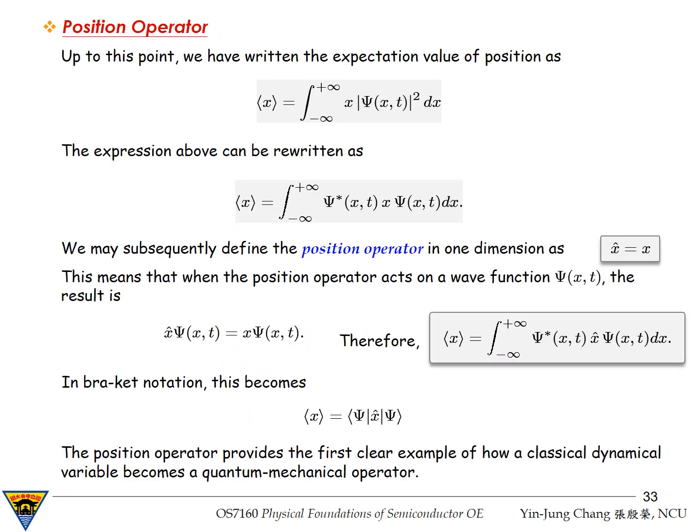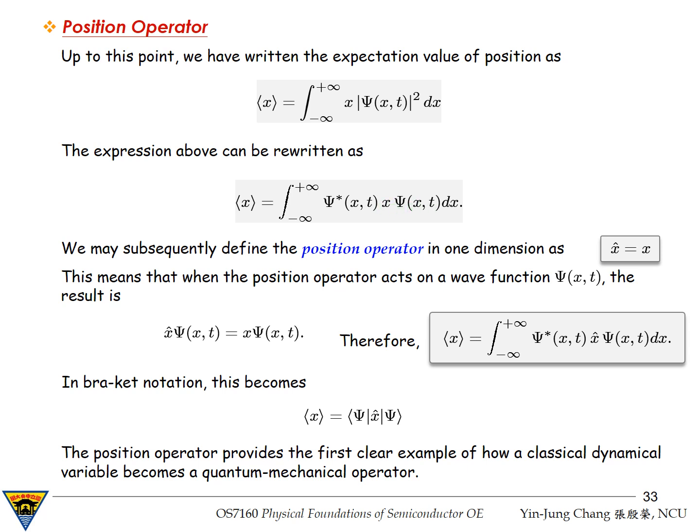Up to this point, we have written the expectation value of position as shown here, which is the integral of x multiplied by the probability density at point x and time t, carried over all space. Notice that the expression above can be rewritten as shown here, where the integrand has been rewritten as the complex conjugate of psi multiplied by x and by psi itself.